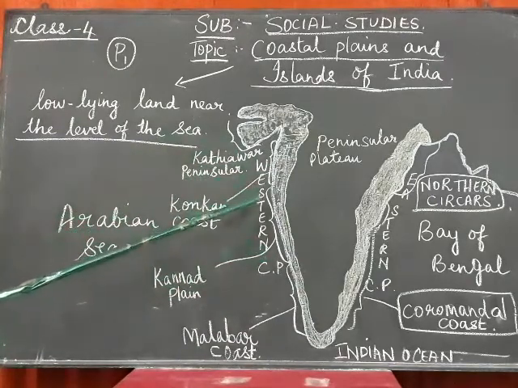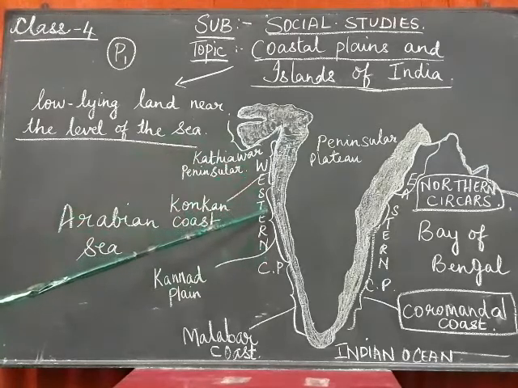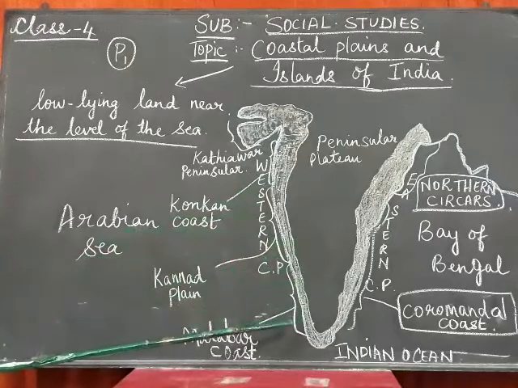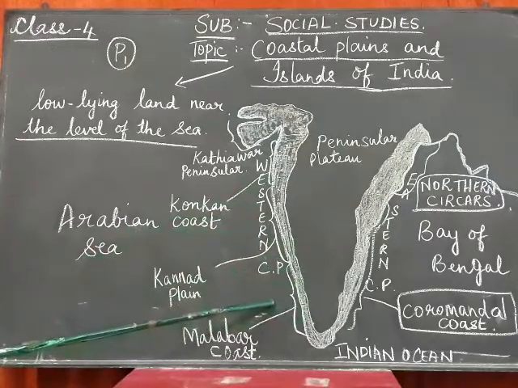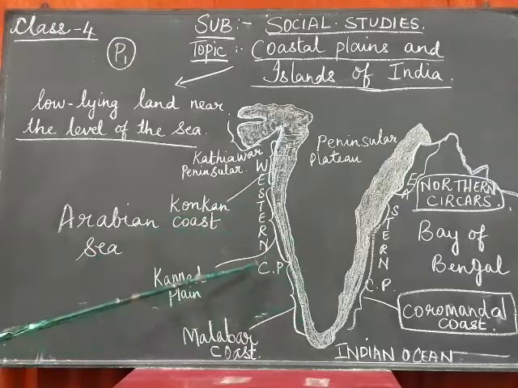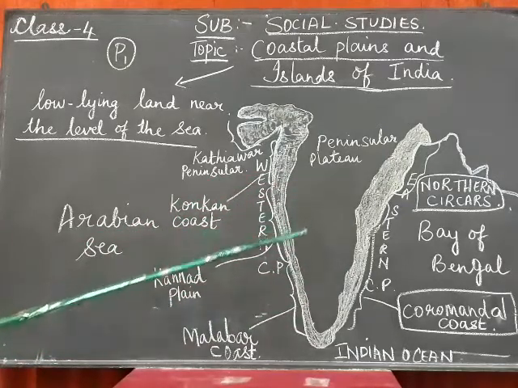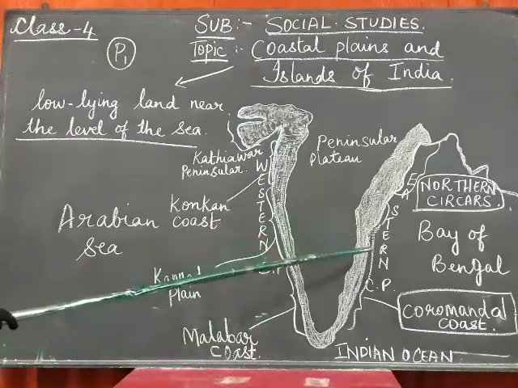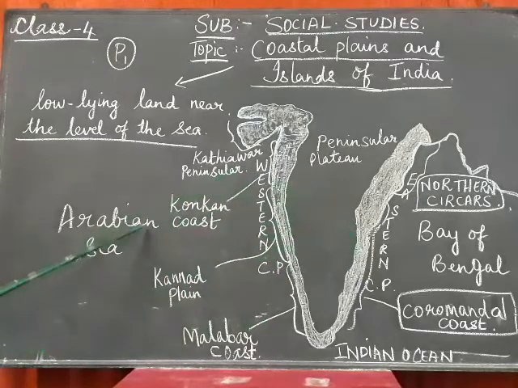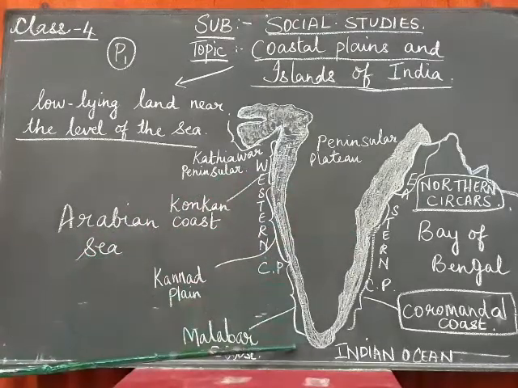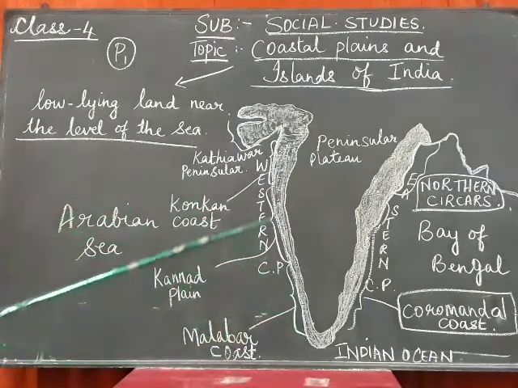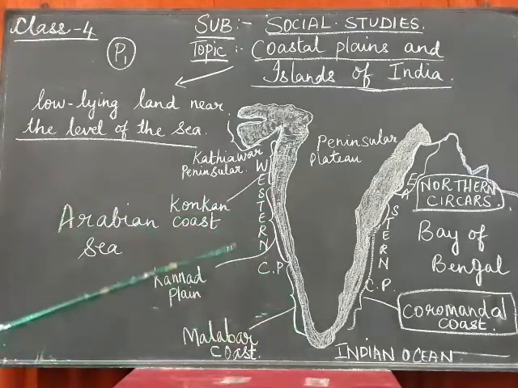As we all know, India is a peninsula, surrounded by three water bodies: in the east, Bay of Bengal, in the west, Arabian Sea, and in the south, Indian Ocean. Now, let us study in detail about these coastal plains.